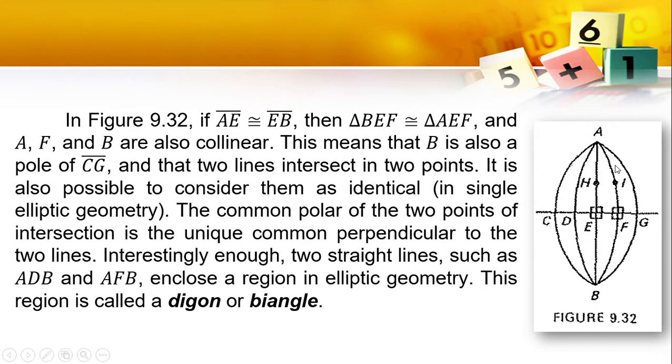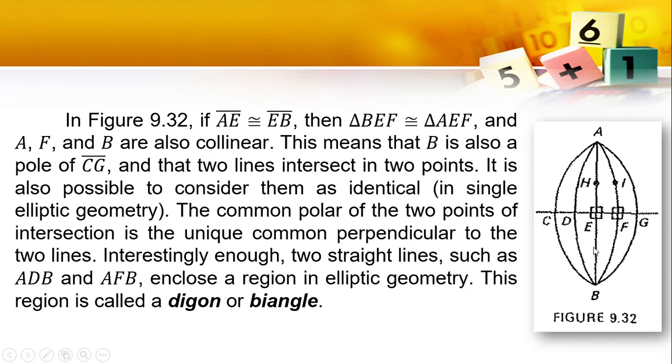And we can also see that A, F, B are collinear because they lie on the same line. This means that B is also a pole of CG. It is opposite to A and also a pole of CG, where CG is also the polar of B.